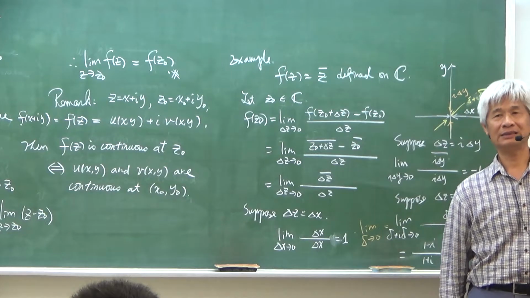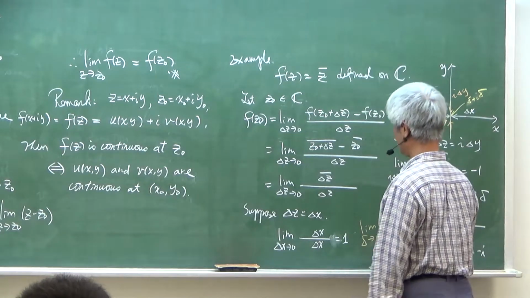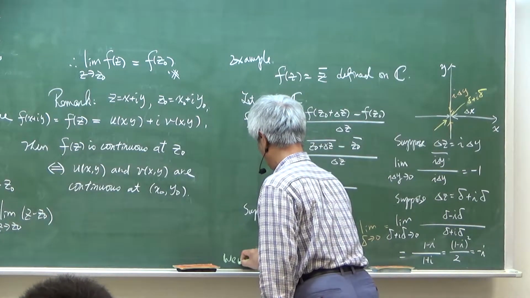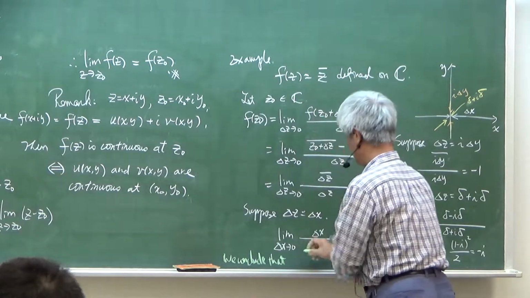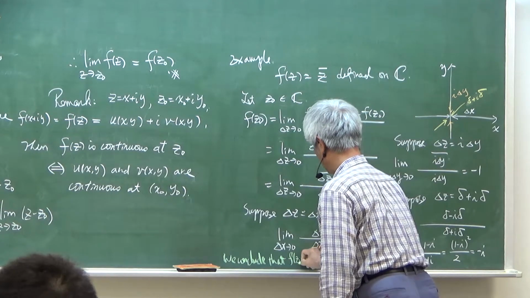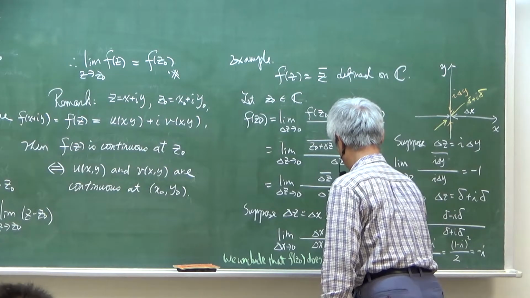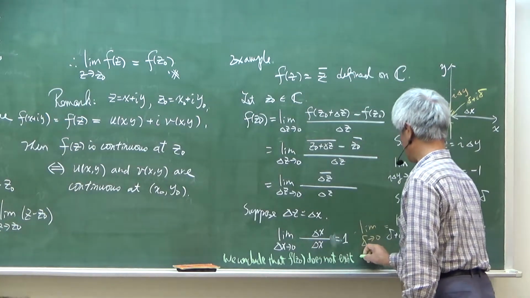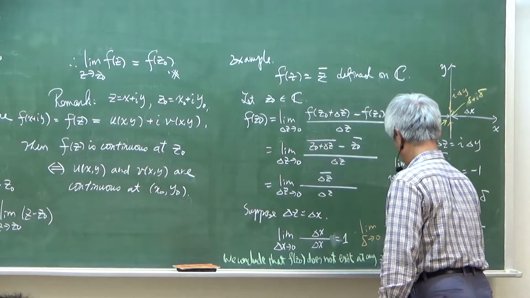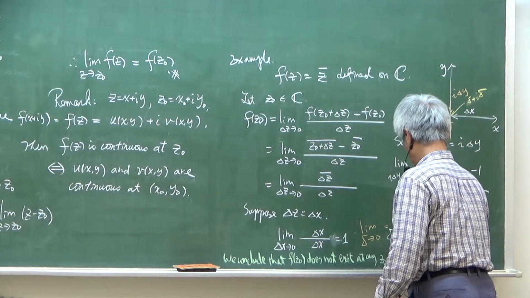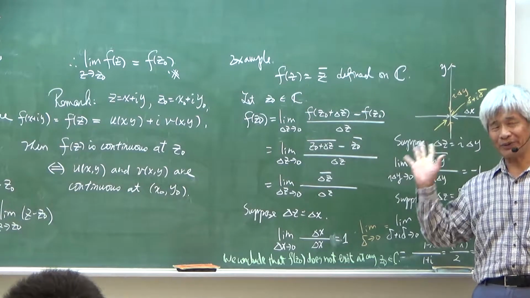So we conclude that f prime of z does not exist at any z0 in C. So this function is not differentiable at any point.